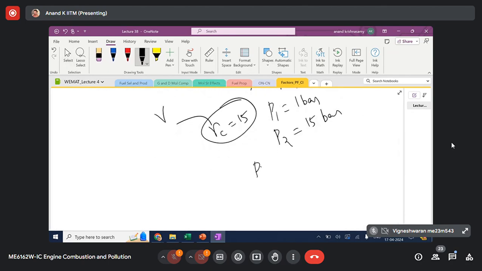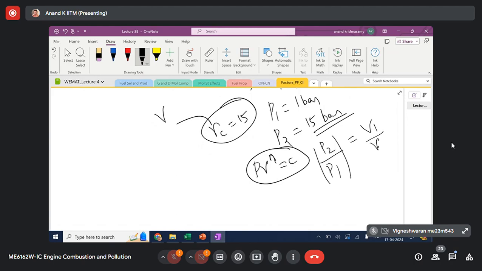There is a PV relation. That is something called index of compression. Based on the index of compression, this number is going to be amplified. For example, when I say P2, according to this relation, P2 by P1 is equal to V1 by V2.